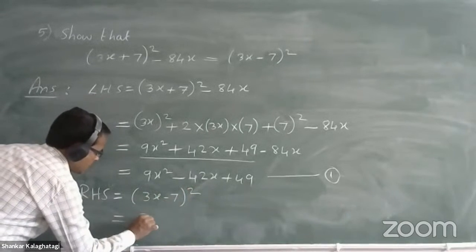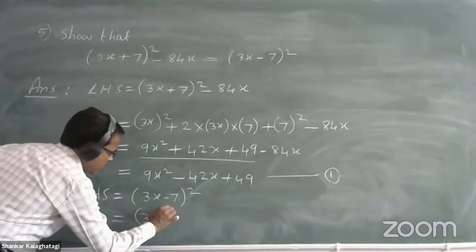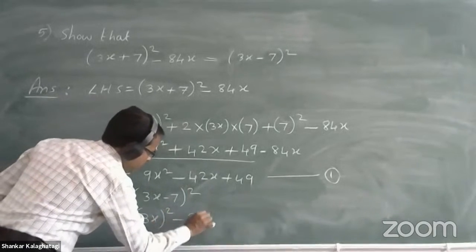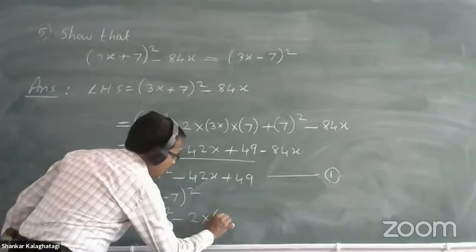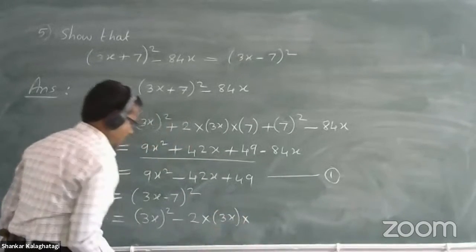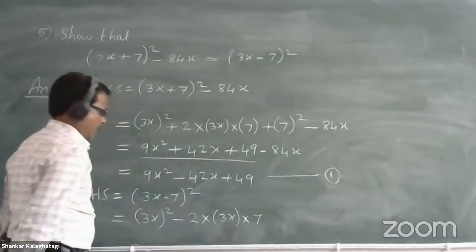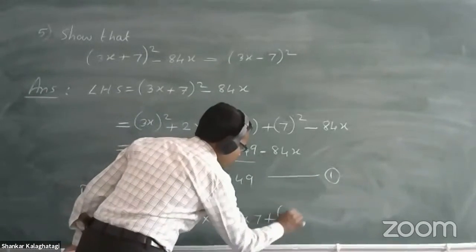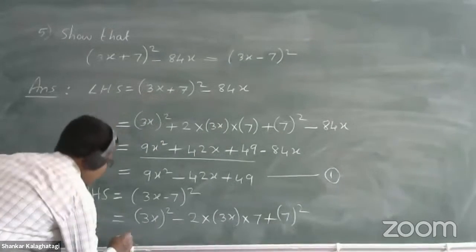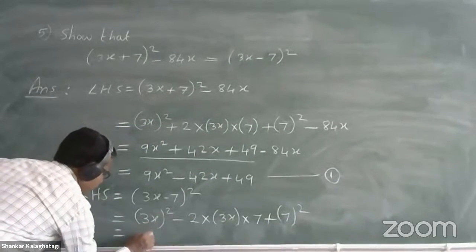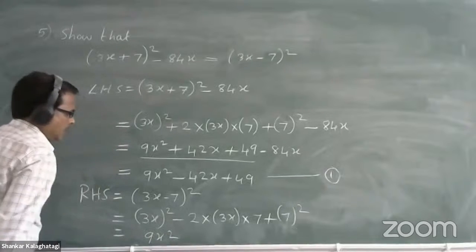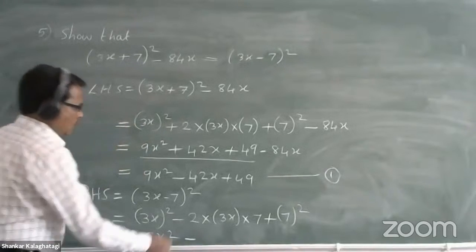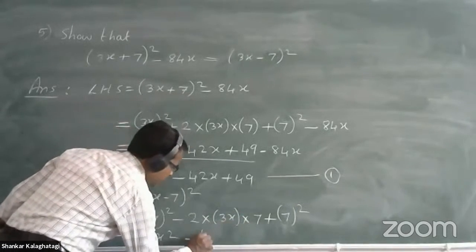So first term squared, (3x)², minus 2 times 3x into second term 7, plus second term squared, 7². Here 3 3s are 9x² minus 2 3s are 6, 7s are 42x.